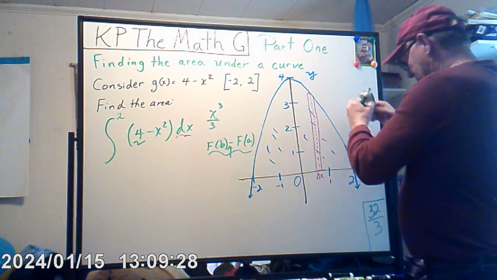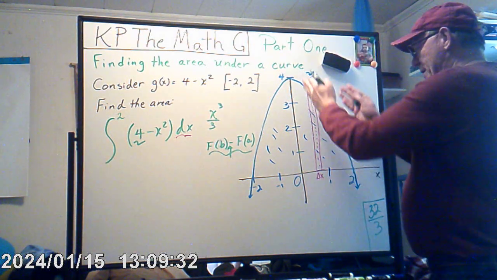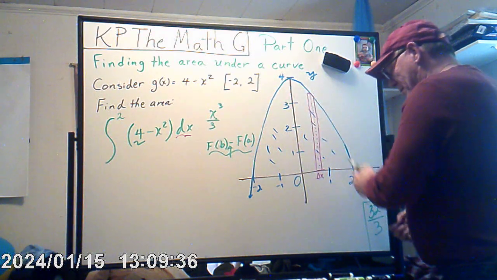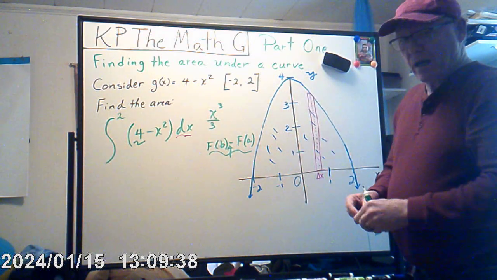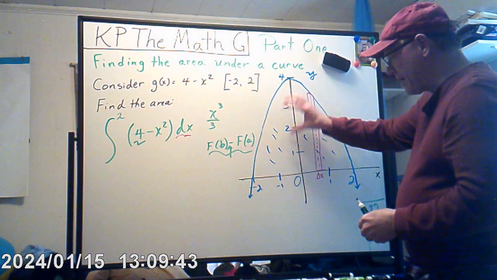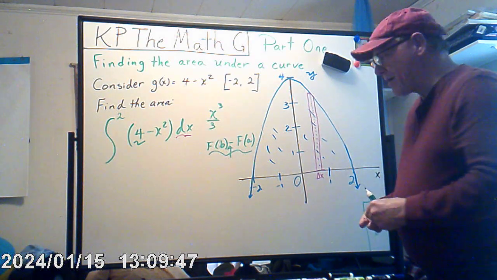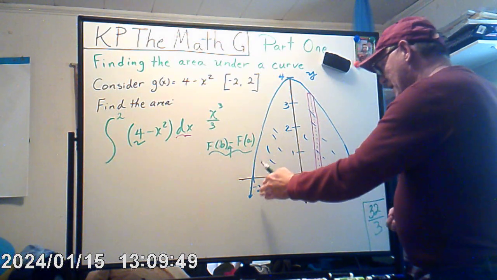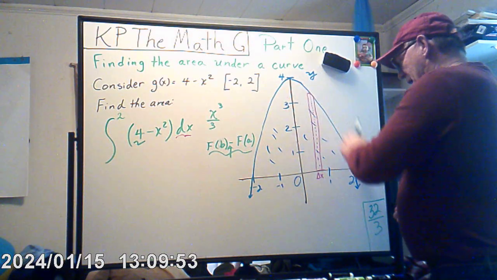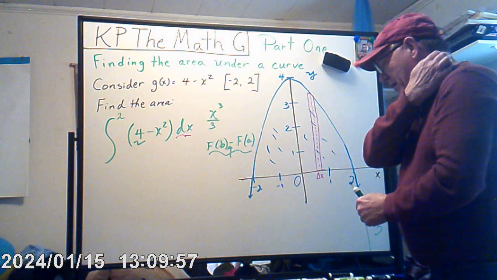Remember that we got 32 over 3. What if we decided we would take half of this area, since we know that this is a parabola, and the same area amount is over here as it is over here? We already know that from the nature of the parabola.